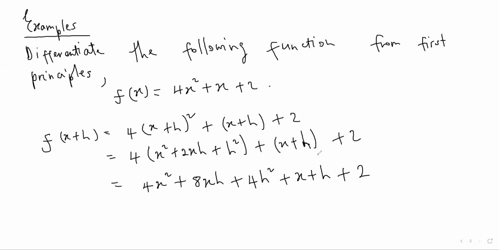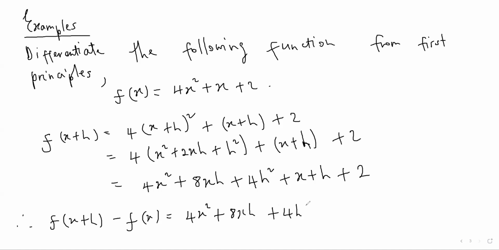So let's go ahead and subtract. We say therefore f of x plus h minus f of x is equal to what we have at the top there, which is 4x squared plus 8xh plus 4h squared plus x plus h plus 2.